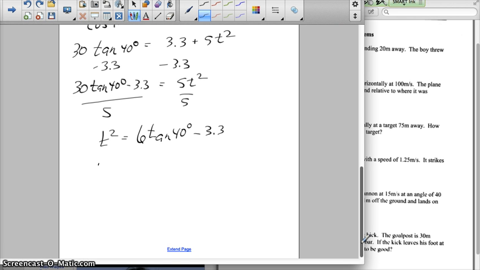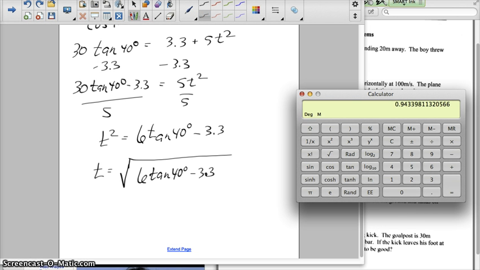So t is going to be square root of 6 tangent 40 degrees minus 3.3. So let's see what we get here. Tangent 40 degrees times 6 minus 3.3 equals square root. I get t is 1.3.